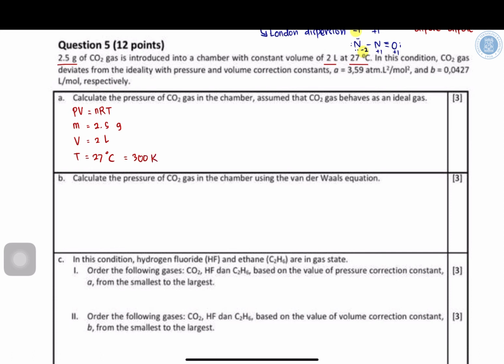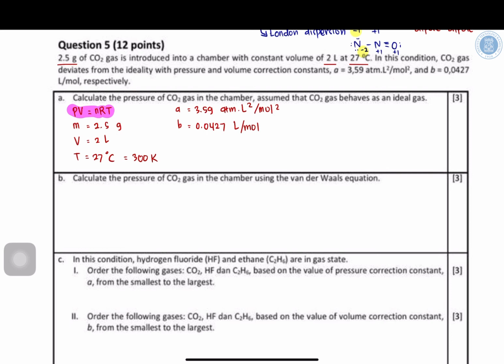Then the value of A is the correction constant for pressure, so here we have the A value, and we also have B, which is the correction constant for volume. For the ideal gas, we can directly calculate using the ideal gas formula.